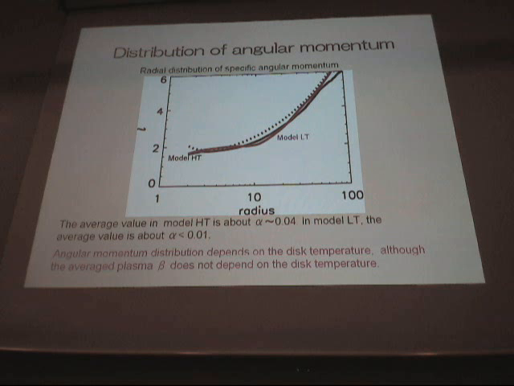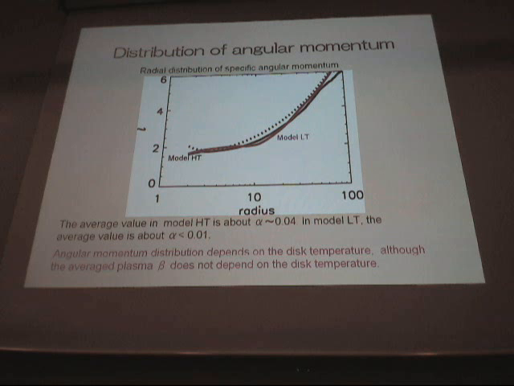In the high temperature case, significant peaks appear in many places, because the accretion flow doesn't have a characteristic radius.